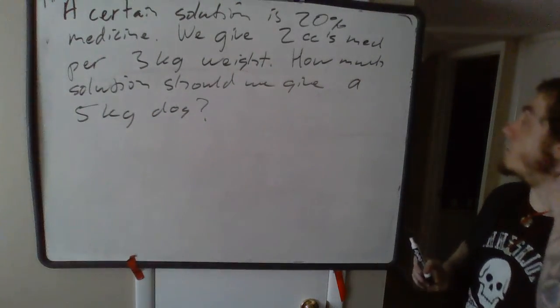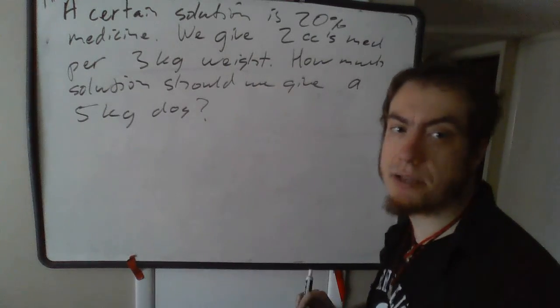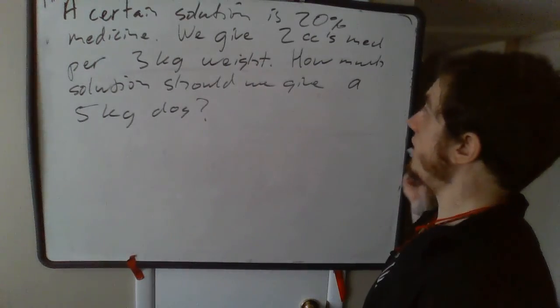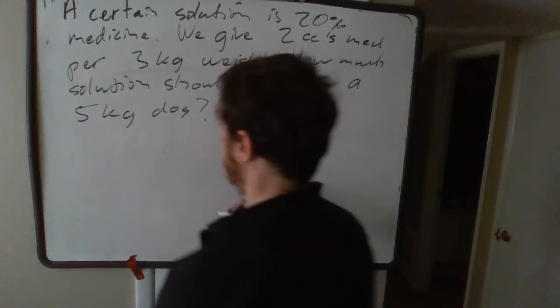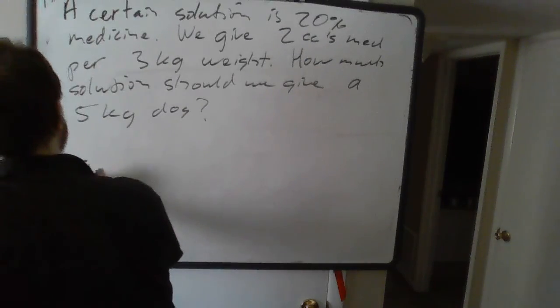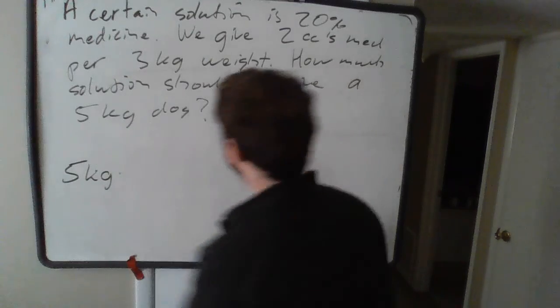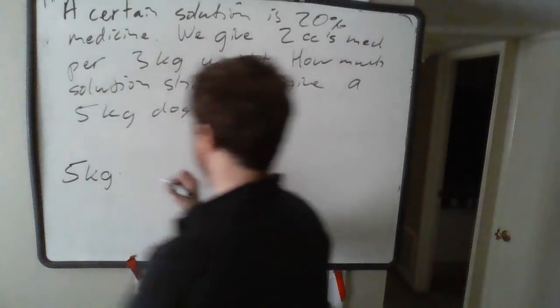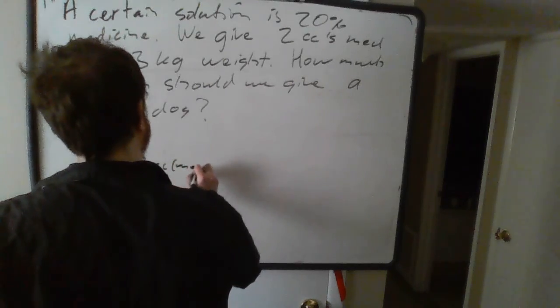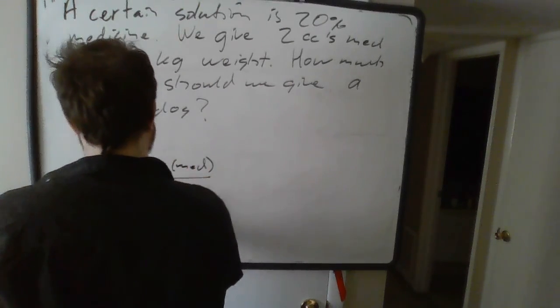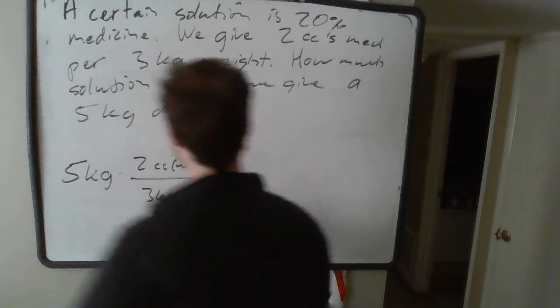Okay, so the first thing we've got to do is figure out, well, how much medicine should we give in general? So we're going to take that 5 kilograms and multiply this by 2 cc's of medicine per 3 kilograms.